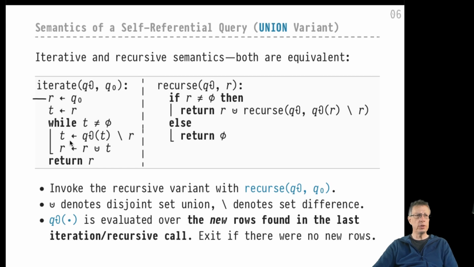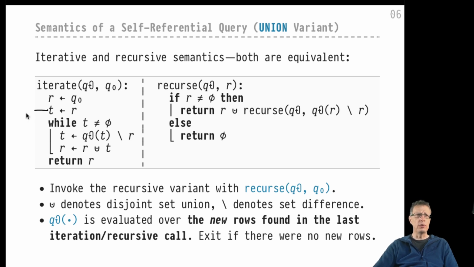And as we've already discussed, the single evaluation of Q0 forms part of the result. And we can already see that this assignment makes sense, I would say. Then there is a second variable t, which reflects the rows that have been added to the overall result during the last iteration. We will perform many iterations of the recursive query part.